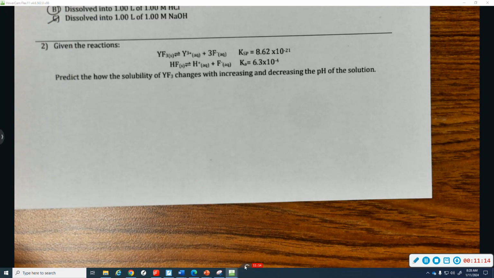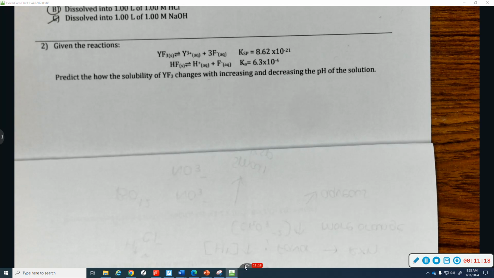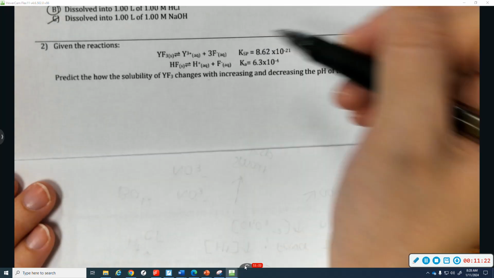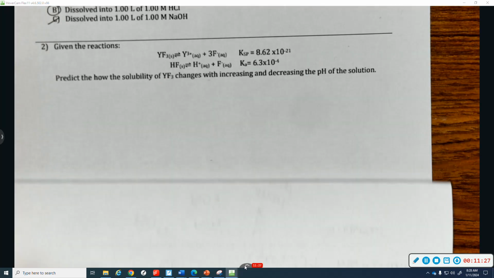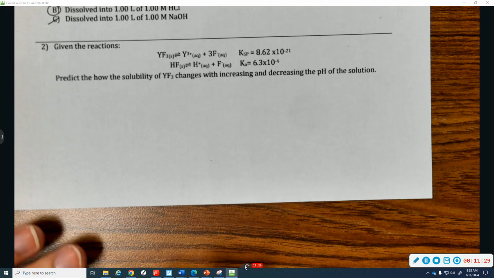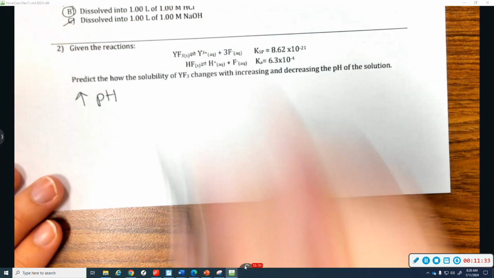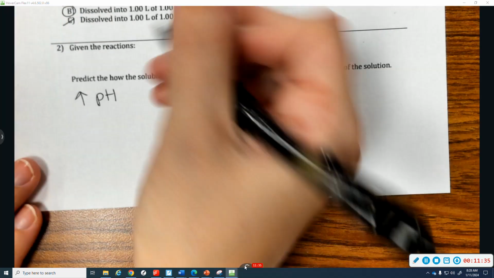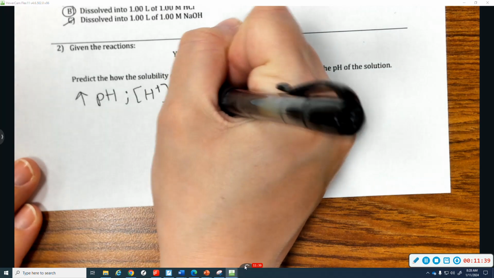And then let's look at this one. So we've got two reactions going on, and we have the F ion in both. So predict how the solubility of YF3 changes if you increase or decrease the pH of the solution. You do need to remember that if you increase pH, that means your solution is more basic. So the amount of hydrogen ions has decreased.